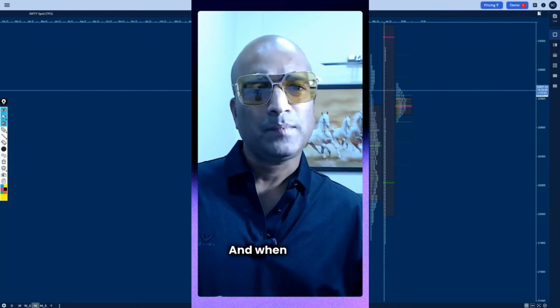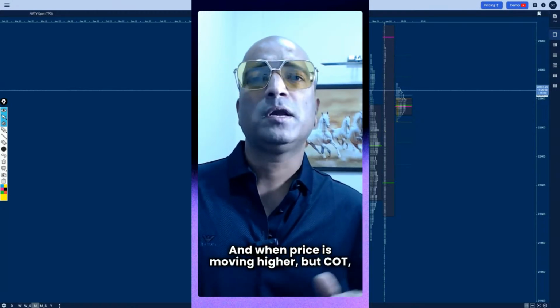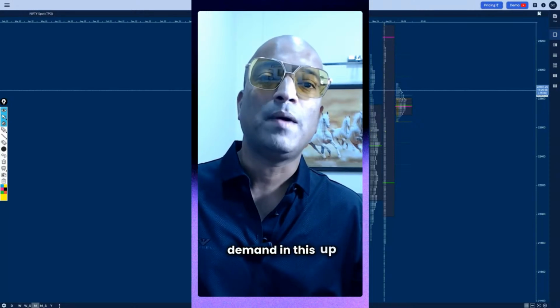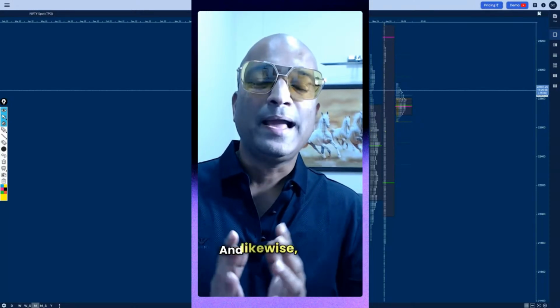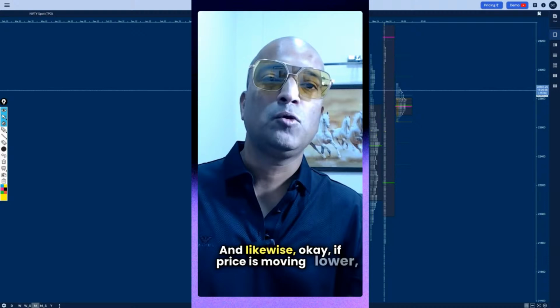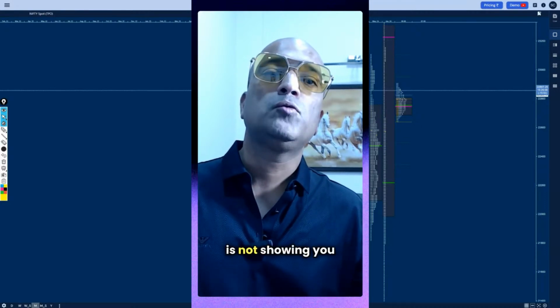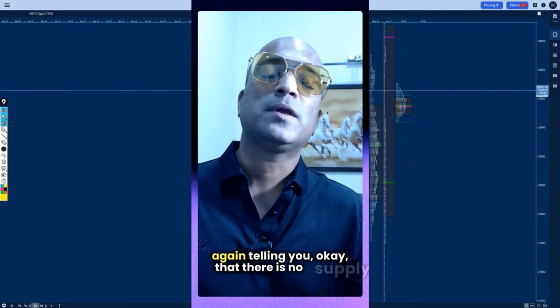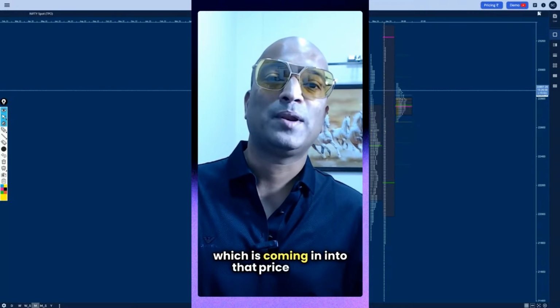And when price is moving higher but COT is not there, that means it's telling you that there is no new demand in this up move which we are seeing. And likewise, if price is moving lower but COT is not showing you excess supply coming in, it is again telling you that there is no supply coming into that price move.